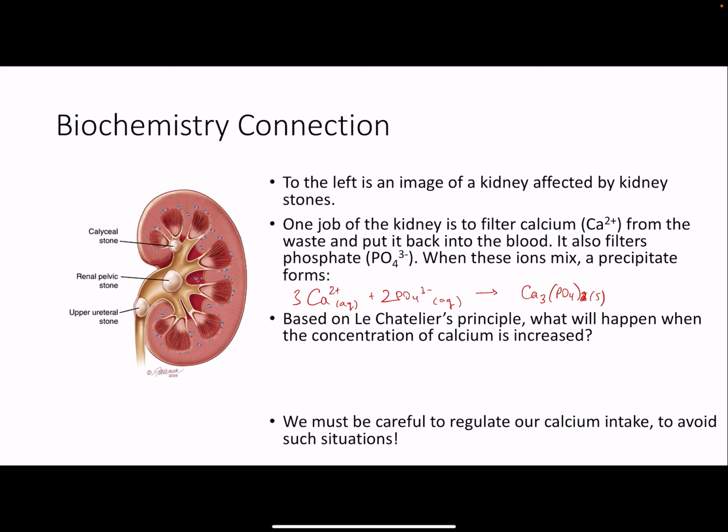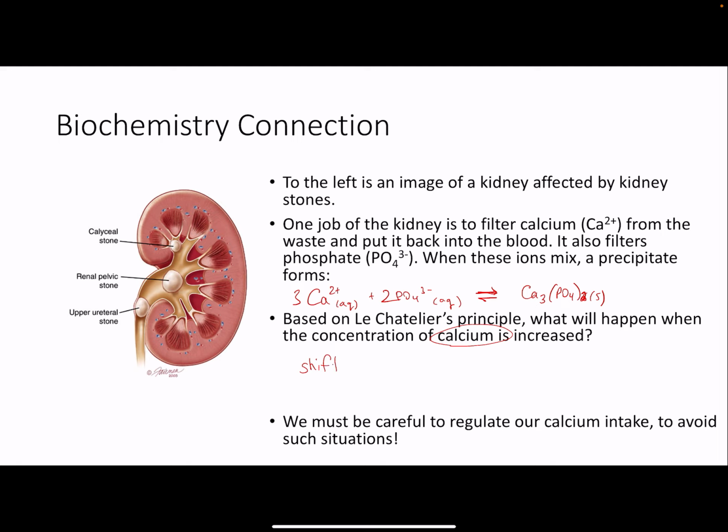So while this is in solution, we talked about it before, in almost all cases, solutions are reversible. Right? When the ions dissolve, they can be recrystallized, and they can form the solute again, or the solute can dissolve into the ions. So in this case, if we have this reaction going on in our kidneys, what happens as the concentration of calcium increases?